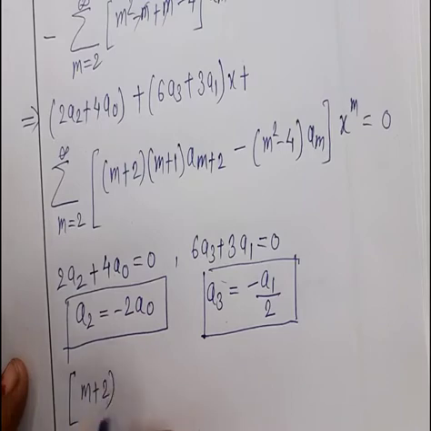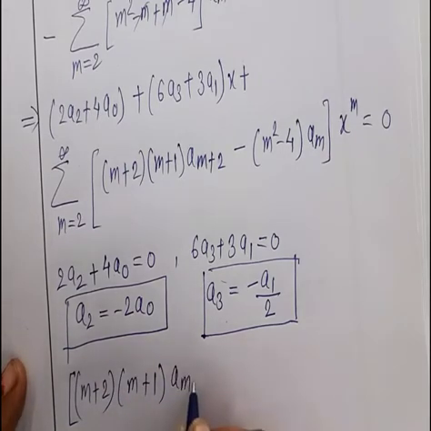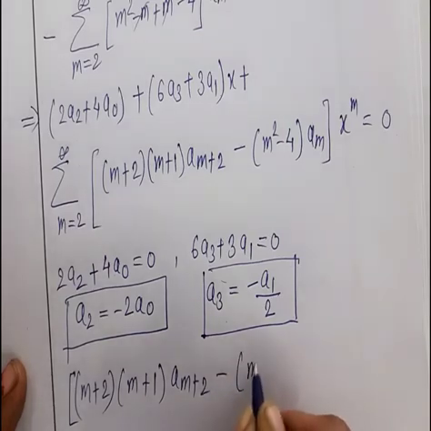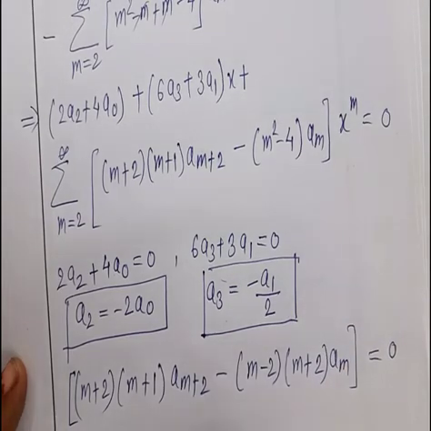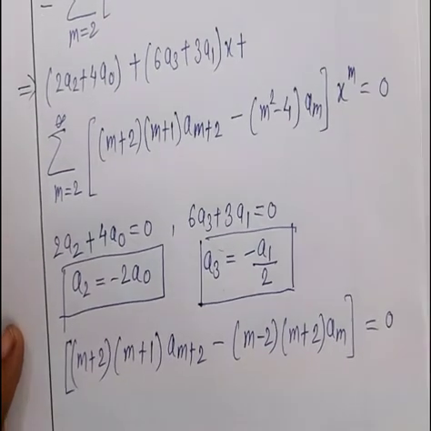Now the last term, which is (m plus 2)(m plus 1) a(m plus 2) minus (m square minus 4) can be written as (m minus 2)(m plus 2) multiplied by am. It is equal to 0. Coefficient of x to the power m equated to 0.